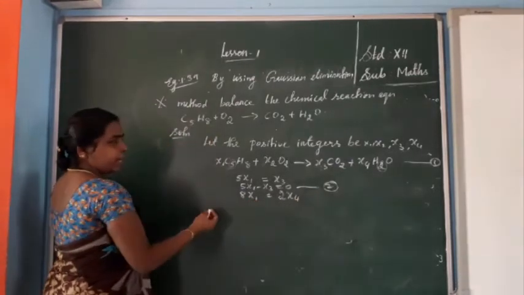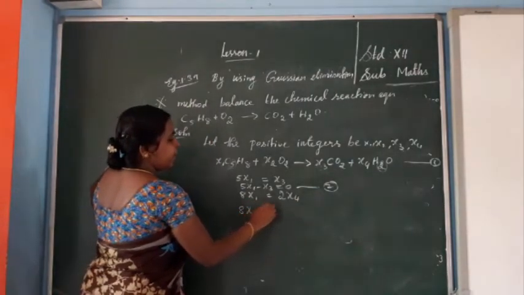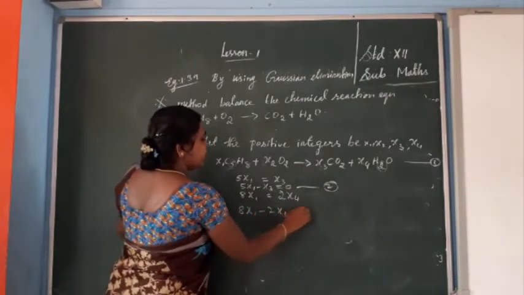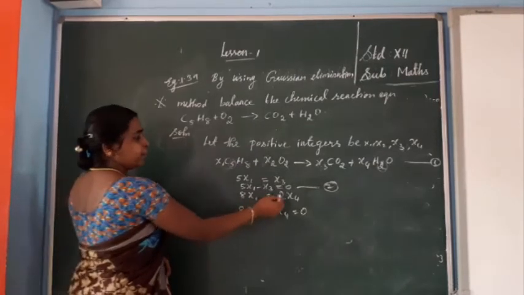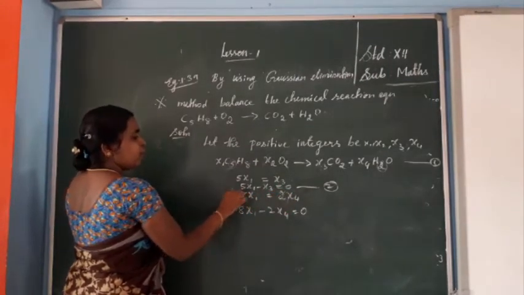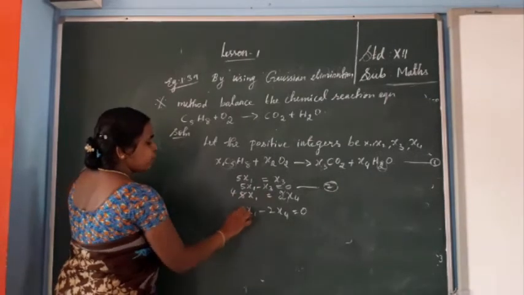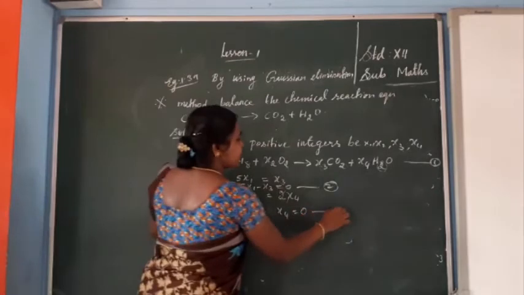Now 2x4 you take to the left hand side. What do you get? 8x1 minus 2x4 equal to 0. Actually both are divisible by 2, so from here itself we can simplify. 2 ones are 2, 4 twos are 8. So 4x1 minus x4 equal to 0. This is equation 3.